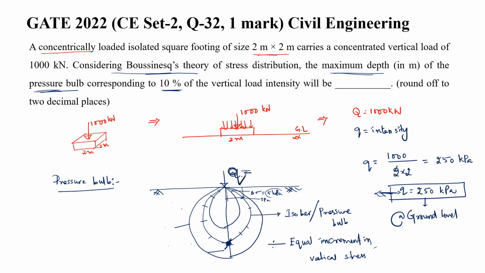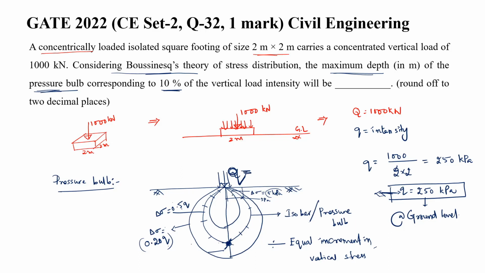This pressure bulb may signify some 20% of the q, this delta sigma. So this delta sigma can represent 0.5 q, 50% of the q, like that. The increment may be some percentage of intensity, and that is given as 10% of the vertical load intensity.